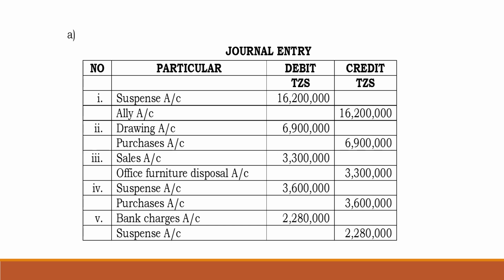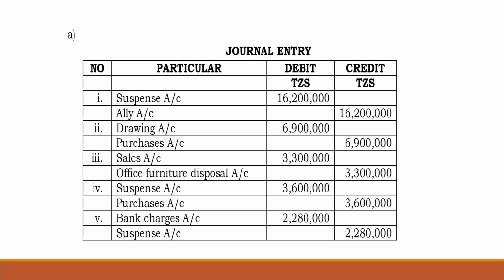So we are going to reduce Early's account. Early's account being our debtor, so we are going to credit Early's account the 16,200,000. Again, because we don't have a corresponding account, the amount goes directly to suspense account.